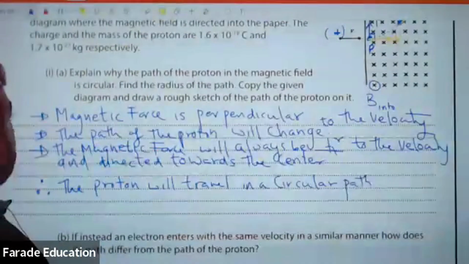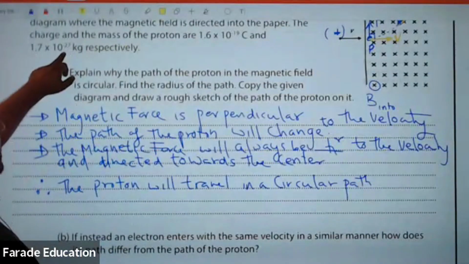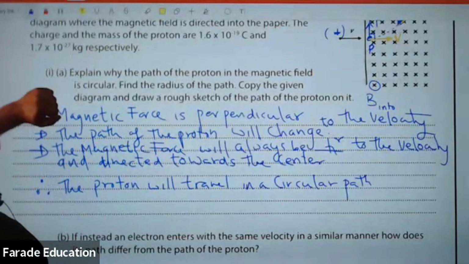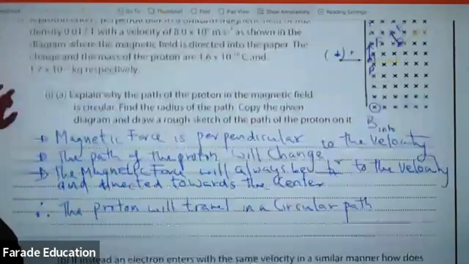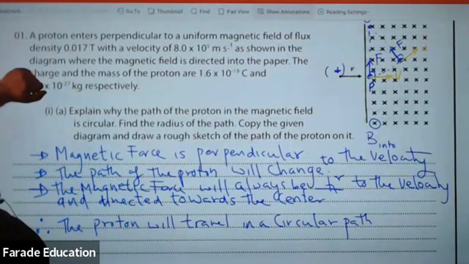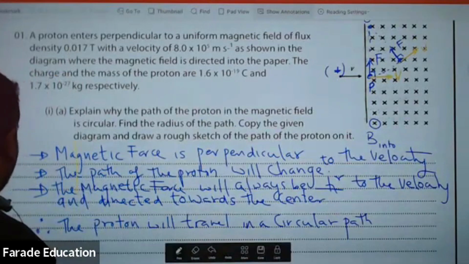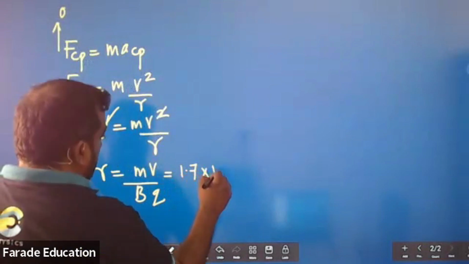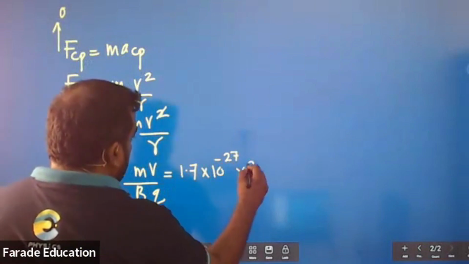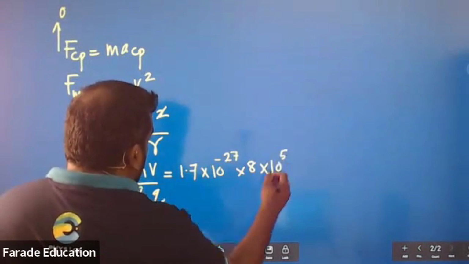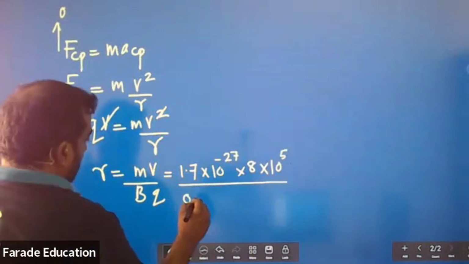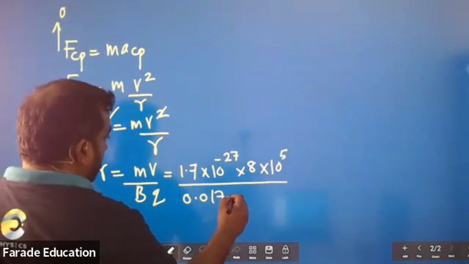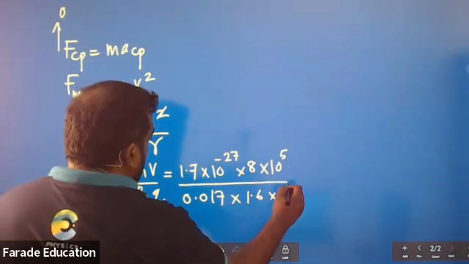Do the substitution now carefully. The mass is given as 1.7 × 10^-27, the velocity is 8 × 10^5, the magnetic field is 0.017 Tesla, and the charge is 1.6 × 10^-19.